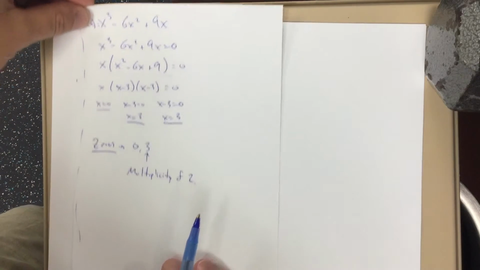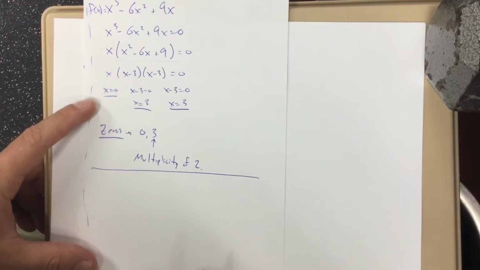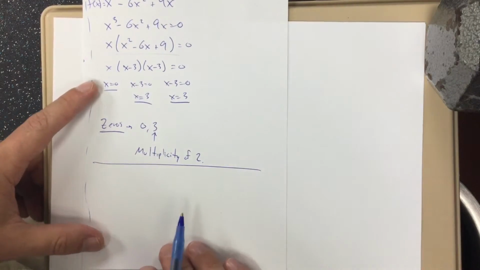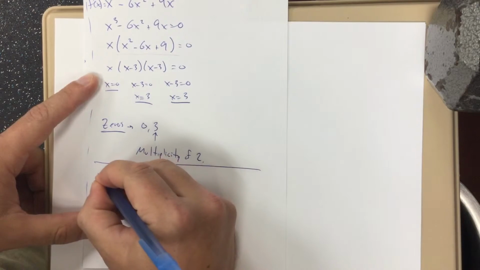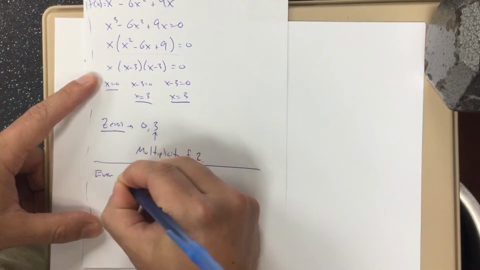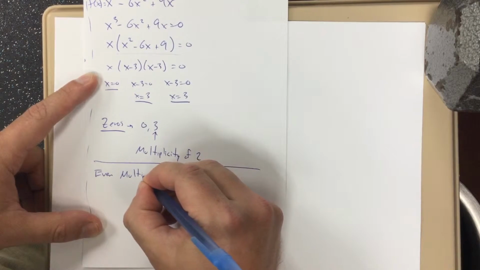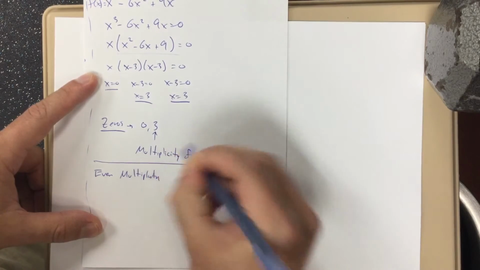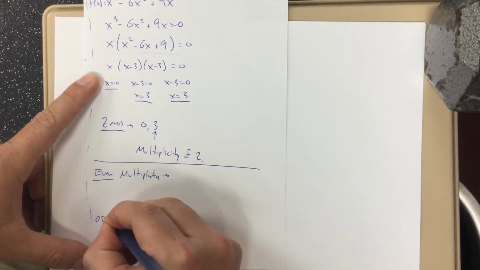Let's talk a little bit about multiplicity for a second. If a function has an even multiplicity, and then we've got odd multiplicity.